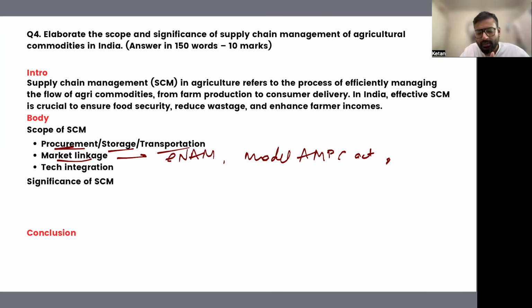Also, you can talk about online platforms like Blinkit, where fresh farm foods are being provided. So that also you can talk about. In tech integration, you can talk about different technologies that are being used for efficient supply chain management. So technology in marketing, but also technology for the whole logistics.